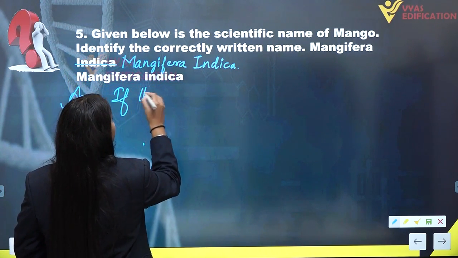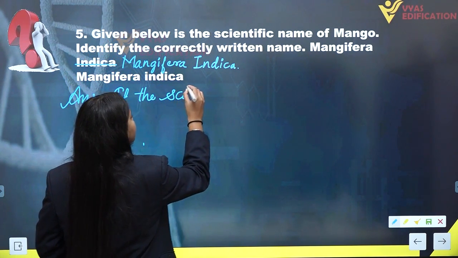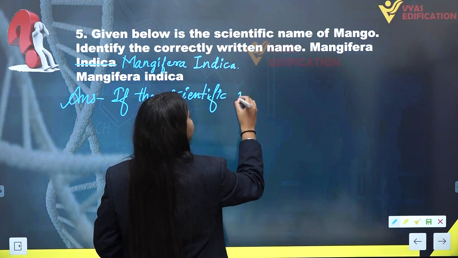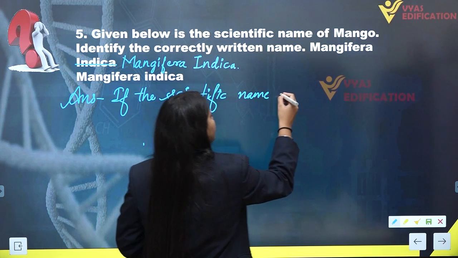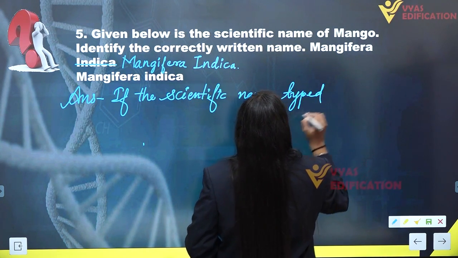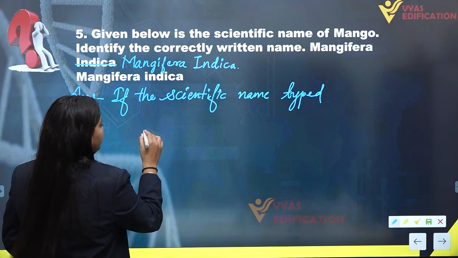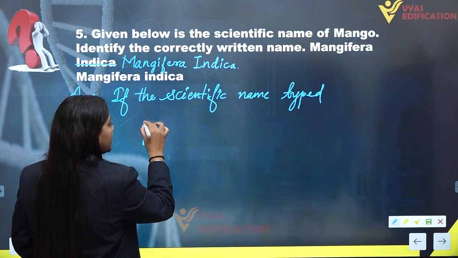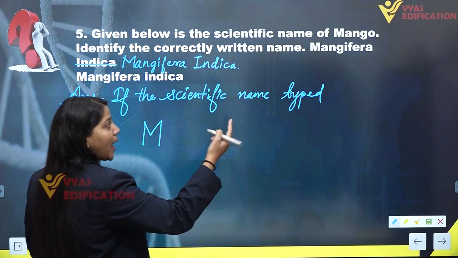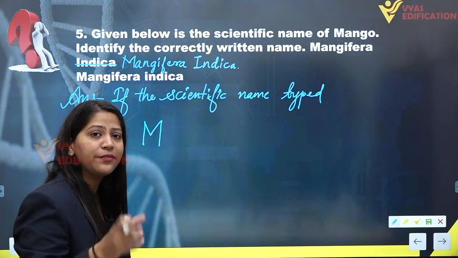So according to the rule, when the scientific name is typed, the first letter of the scientific name should be in capital. The mango has the scientific name Mangifera indica.